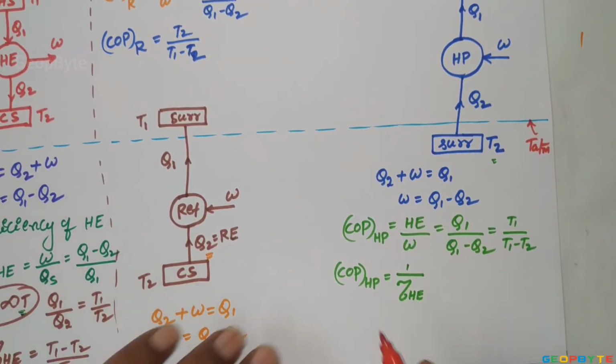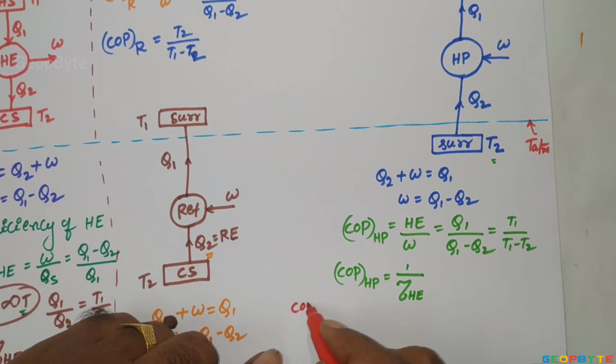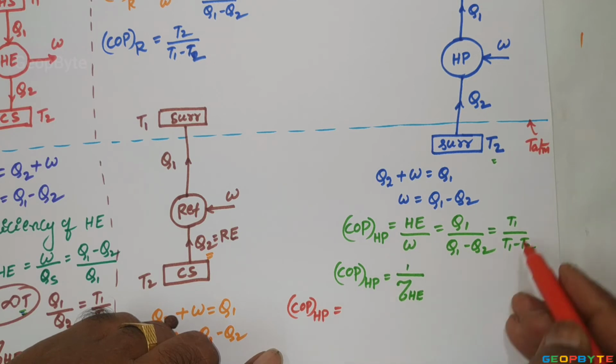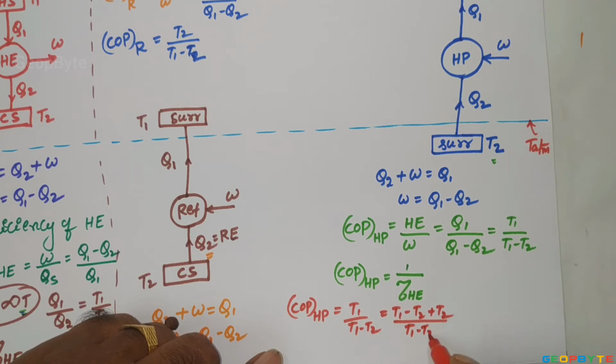One more relation I can write like this. COP of the heat pump is equal to T1 by (T1 minus T2). It can also be written as (T1 minus T2 plus T2) divided by (T1 minus T2).